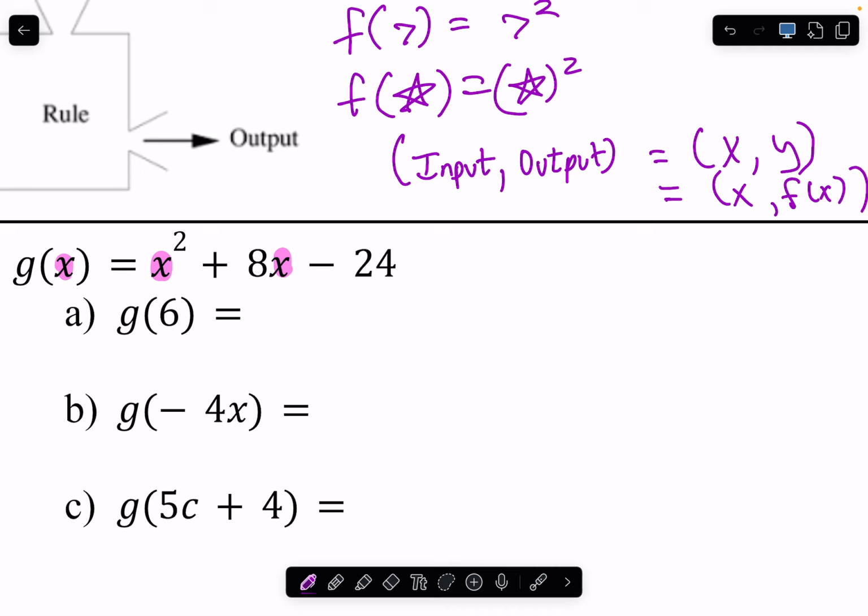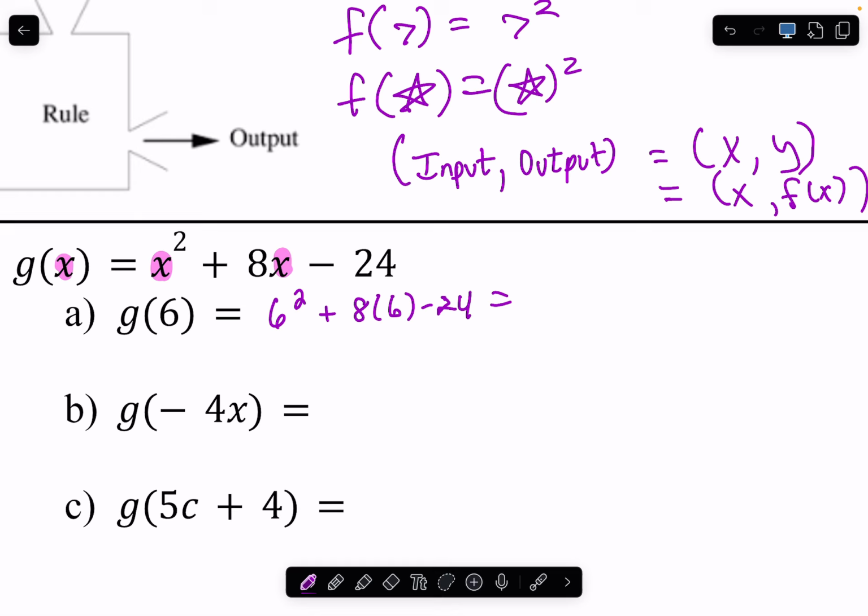So this is really just going to be 6 squared plus 8 times 6 minus 24. Now, mathematically speaking, we have to follow order of operations. It does not matter how high up you get in mathematics. Order of operations is defined as it is, whether you're in calculus or Algebra 1.